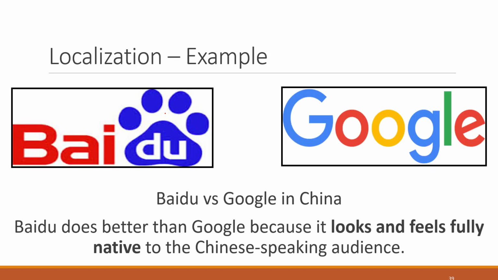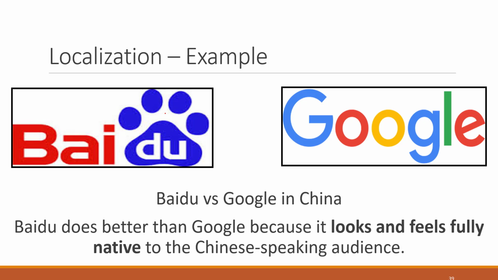This is an example, Baidu in China and Google worldwide. Okay, as you can see, if you go to the Baidu website, for us, maybe it is not as good as Google, but for them, it is agreed with the locality.